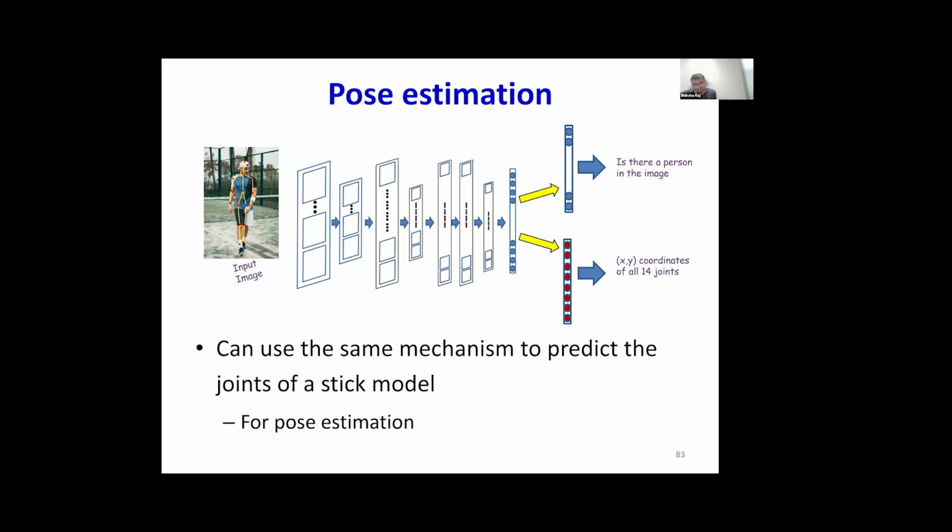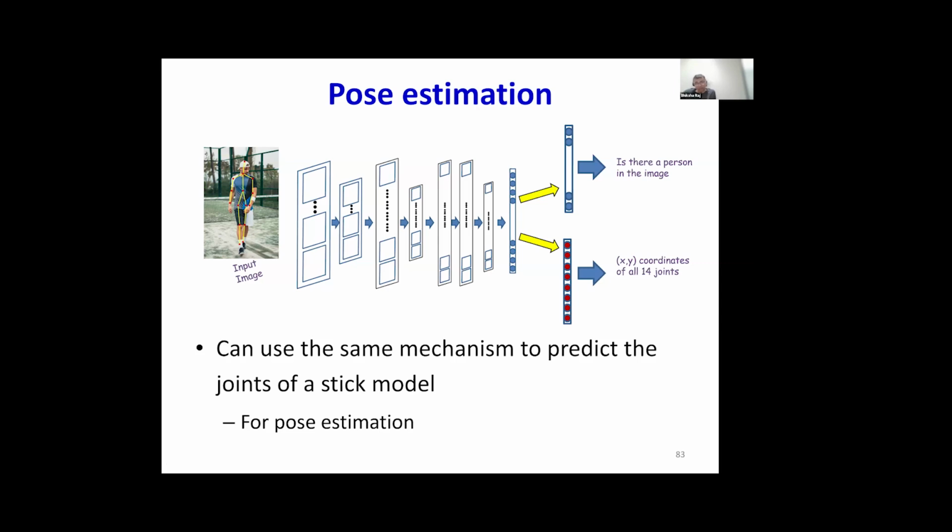How did it do that? Using exactly the same mechanism. If I detect a person over here in this box, then I can have a regression layer which also predicts the locations of all of these joints. This can be trained using training data on which these things have been marked.